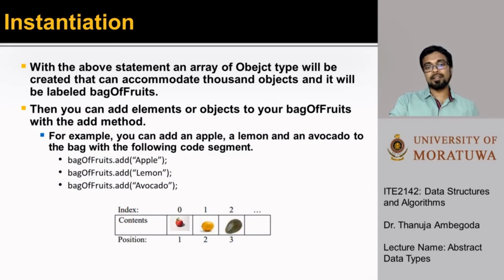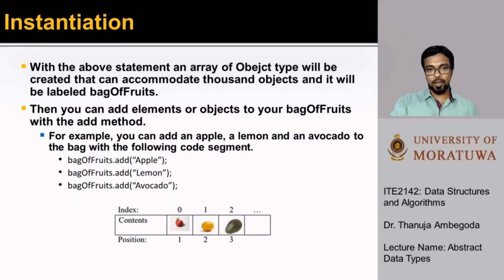If you just visualize the contents of the ArrayBag, which is called bagOfFruits, you see the fruits that we added. So we add an apple, we add a lemon, then we add an avocado. Note that the objects we add are just string objects.